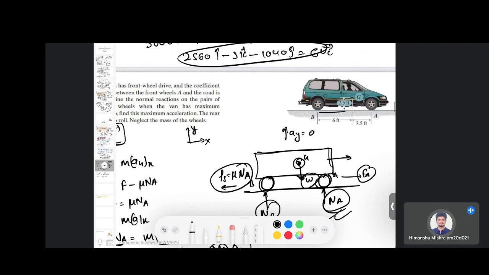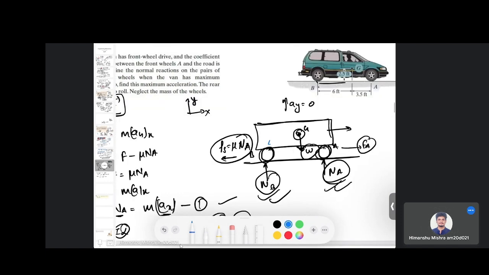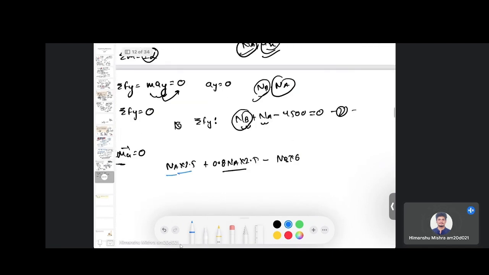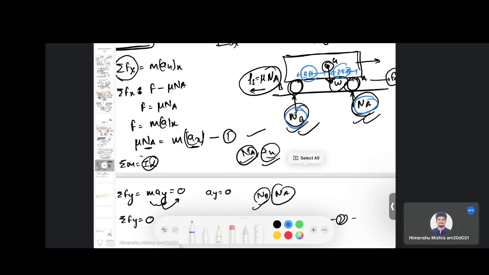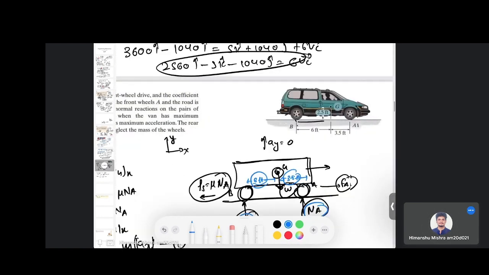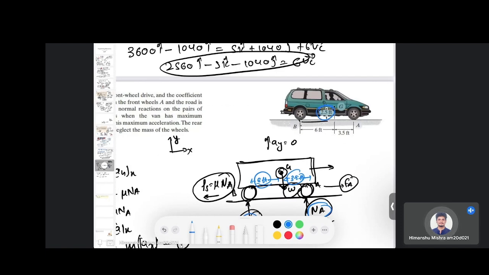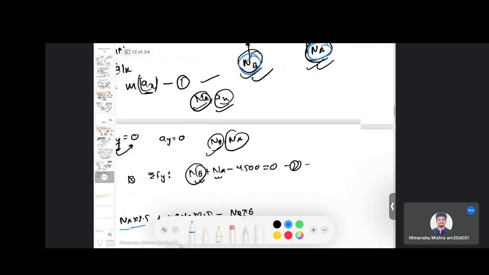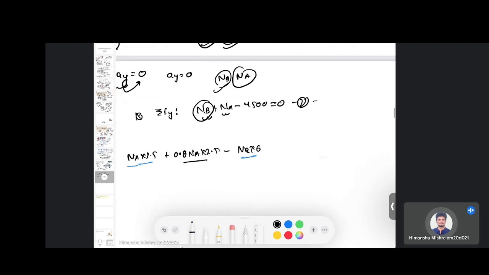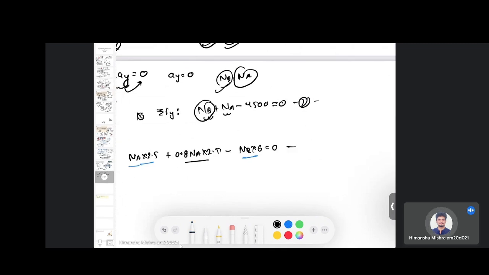This is 6 feet, this is 3.5 feet. This is the perpendicular distance for Nb, and this is the perpendicular distance for Na, 3.5 Na, 6 Nb. And this is the perpendicular distance 2.5 for force F. So this is the moment equation we get, which is equal to 0, and this is equation 3.